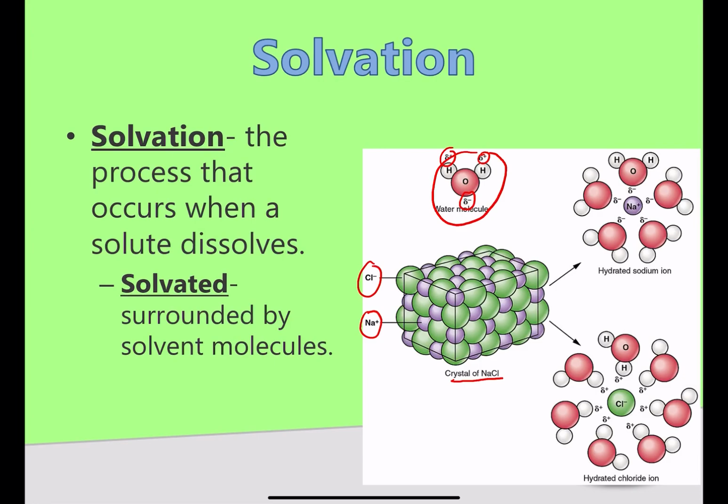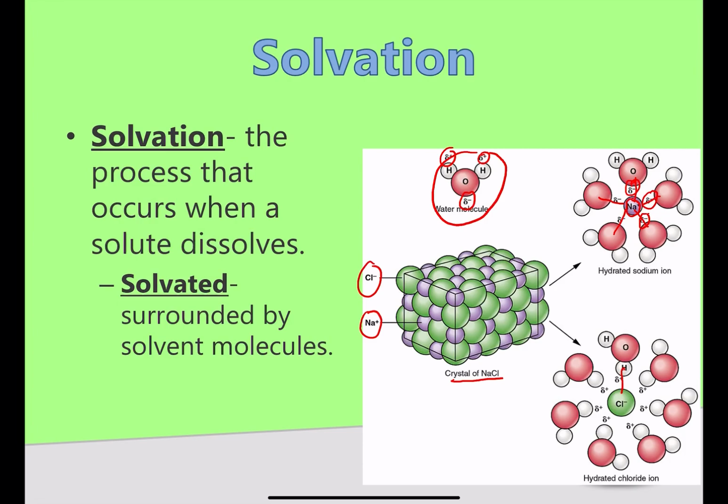And so what you see here is when we have these water molecules, the partial negative charge orients itself, the oxygens orient themselves towards the sodium because of those opposite charges. Versus down here, the hydrogen, which has the positive charge, orients itself to the negative chlorine.